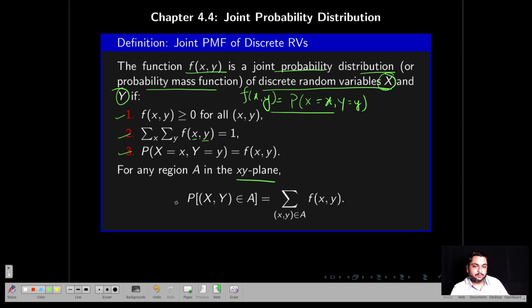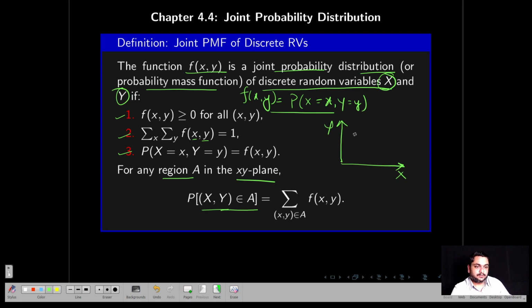So how will you write what exactly it means? For any region A in the xy plane, the probability that (x, y) belongs to that area is equal to the sum of all those probabilities. What they mean to say is, this is my x, this is my y.